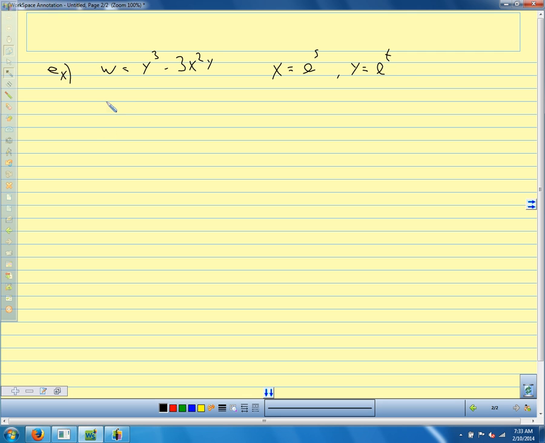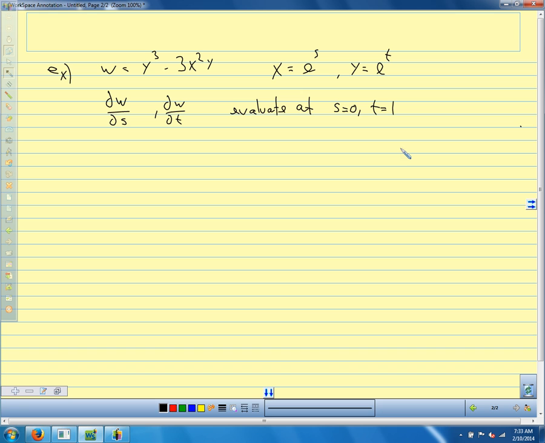And we want our partial with respect to s, a partial with respect to t, and we want to evaluate at s equals 0 and t equals 1. So we want our partial derivatives, and then we want to evaluate them at these values of our independent variables.